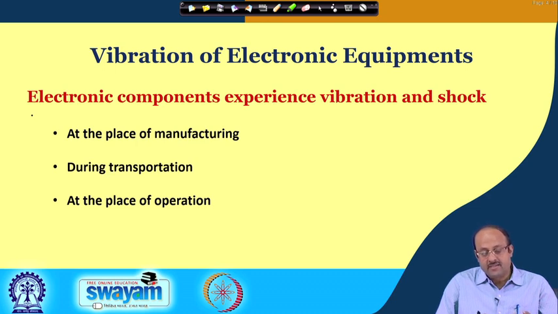Therefore, it requires many places to be handled, and from one place to another there is transportation, and at times the equipment may accidentally get dropped by mistake, or during machining it may be subjected to some vibration.